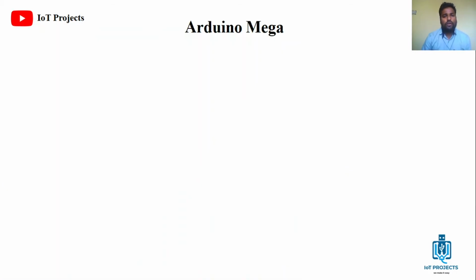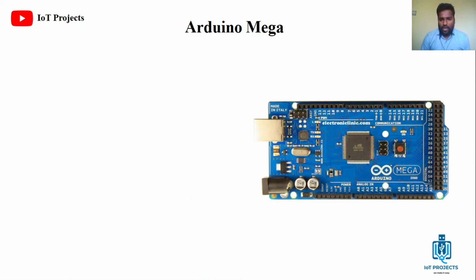Now coming to the Arduino Mega. As we can see on the right side, it is an Arduino Mega picture. Based on size and looks, it also looks similar to our Arduino Uno, but the main difference is, if you have noticed, there is a different Atmega IC.